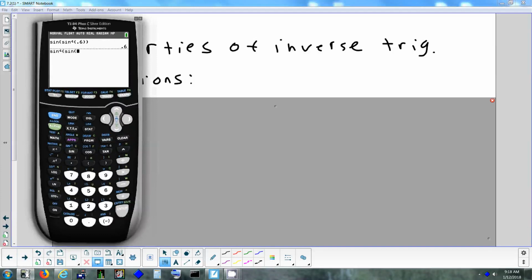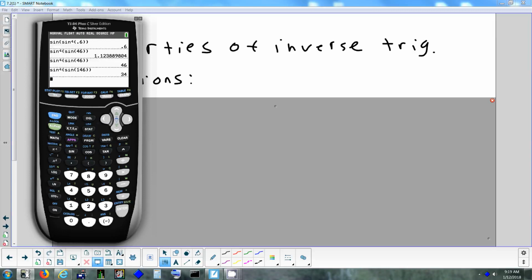Let's do the inverse sine of the sine of 46. Let me do it in degrees. And it works fine. Inverse sine and regular sine canceled out, and I got the answer that was right there. But watch what happens if I do 146.